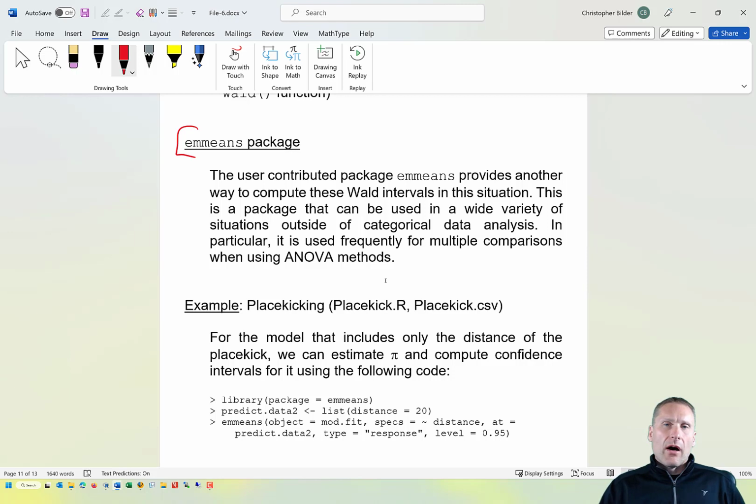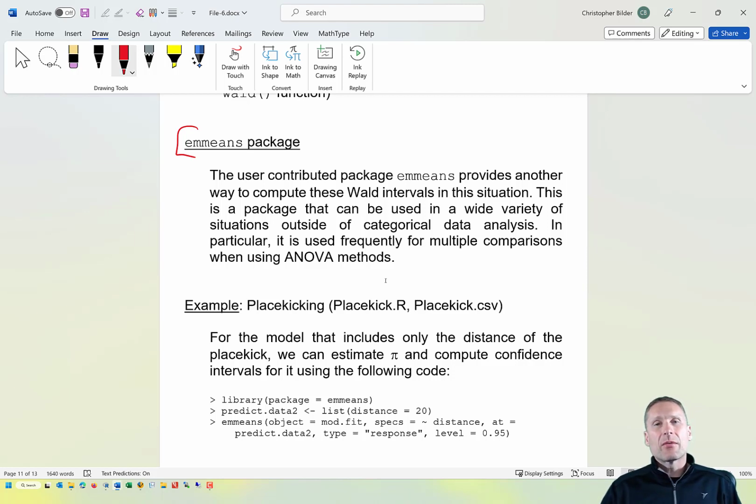And so I want to take a little bit of time talking about how to use the package in this context. Now, in the end, would I use the emmeans package to do the wald confidence intervals here? Well, no, there really isn't an advantage to it. But as you will see later on in the course, for more complicated settings, the emmeans package can be helpful.